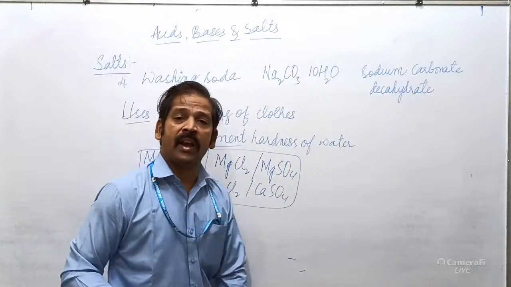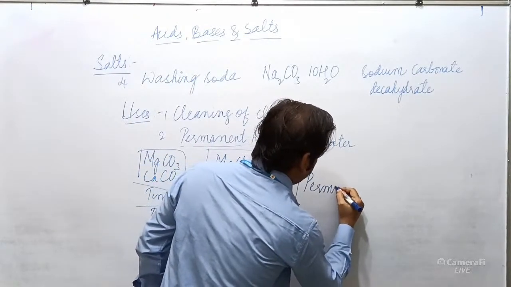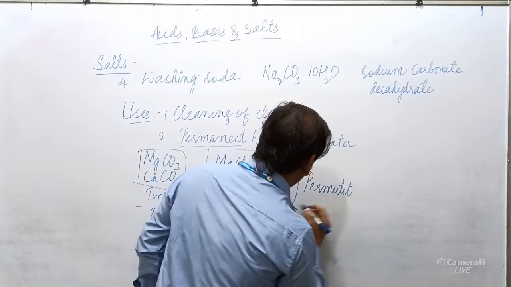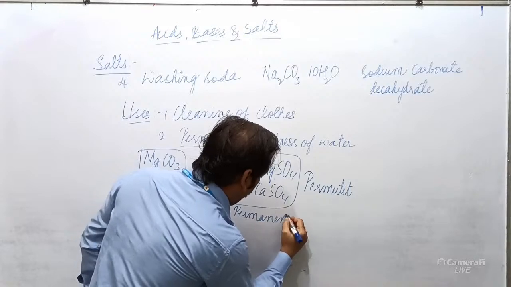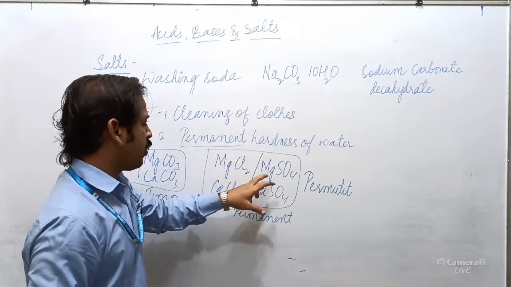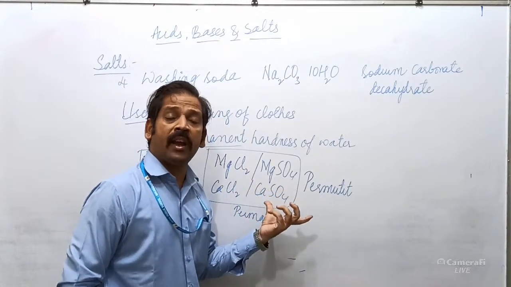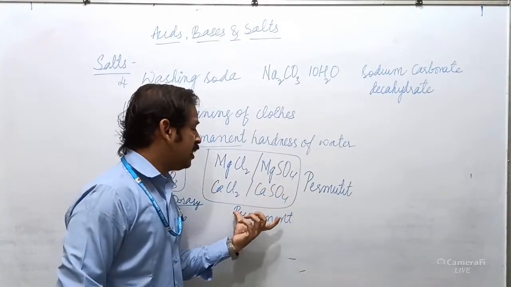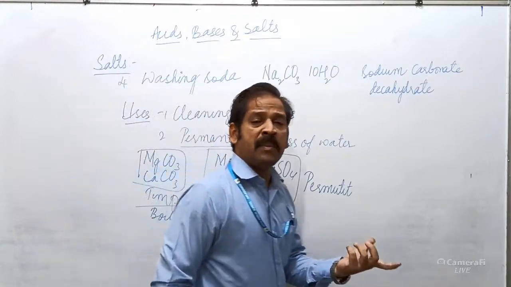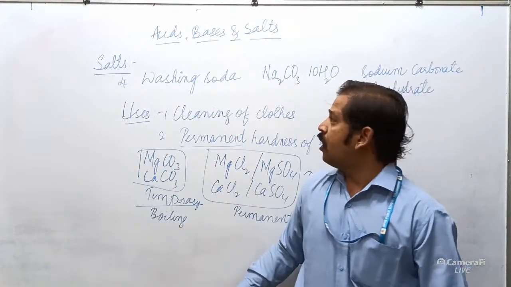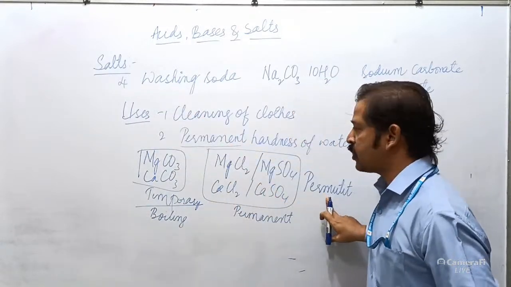The process is called permutit. Magnesium chloride, magnesium sulfate, calcium chloride, and calcium sulfate make the water permanently hard, and this hard water can be made soft with the help of washing soda or a process called the permutit process.